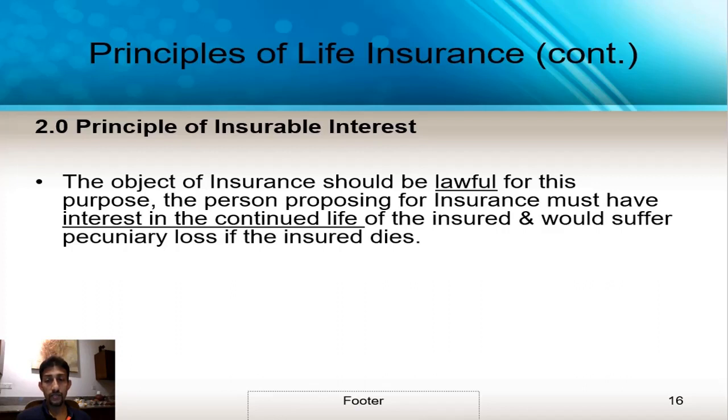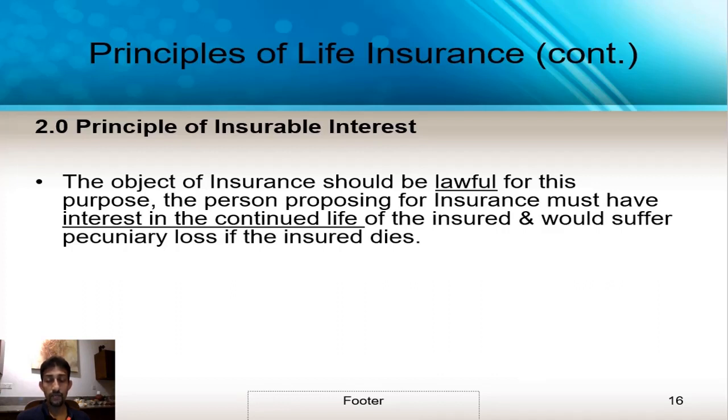Another important thing that we need to understand: the object of insurance should be lawful. A person proposing for insurance must have an interest in the continued life of the insured and would suffer pecuniary loss if the insured dies. What do you mean by that?